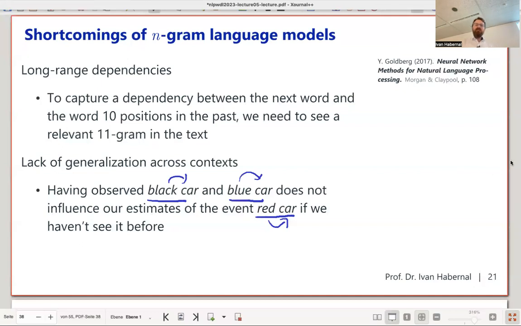So now you might be asking, what is a better way? Why counting-based language models? We have these shortcomings. Can we make it somehow better or more robust, or maybe take a larger context into account?